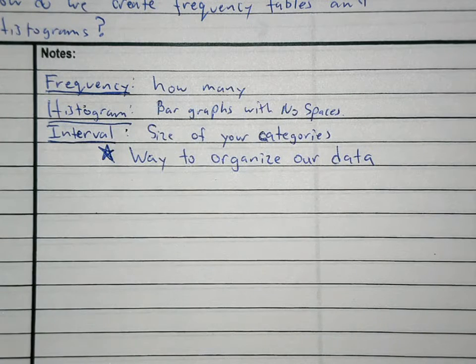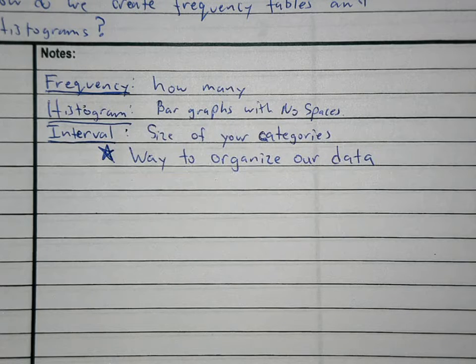We're going to have a bunch of information. I'm going to tell you a bunch of numbers. And one of the best ways to organize your data is to put it into a frequency table or a histogram.